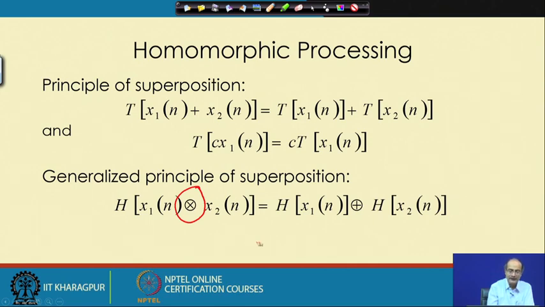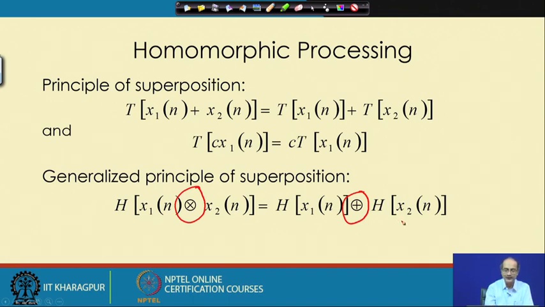After the transformation with the map H, the homomorphic transform as we are calling it, we get into another domain and there the operator changes. We get a plus operator, but structurally they remain the same.